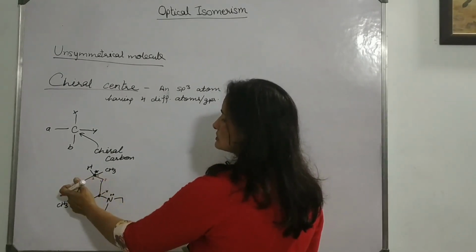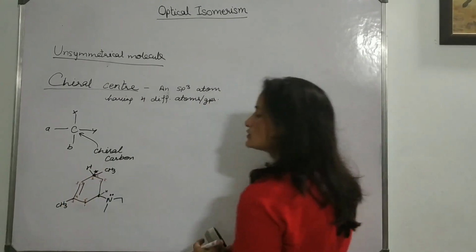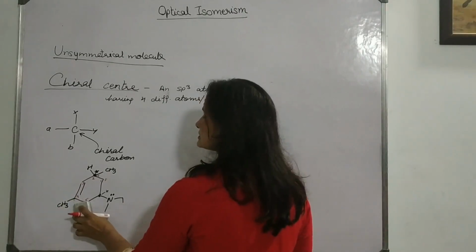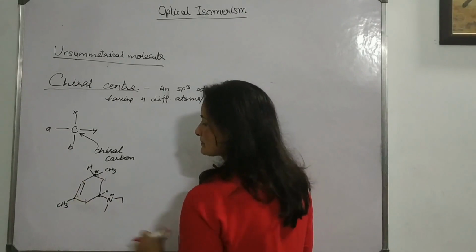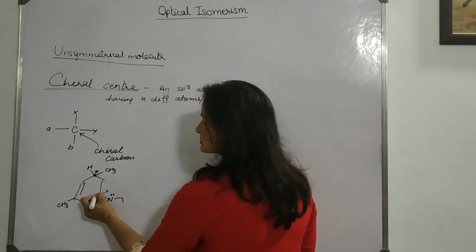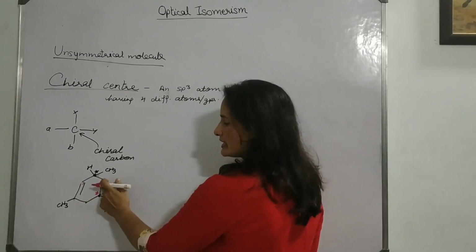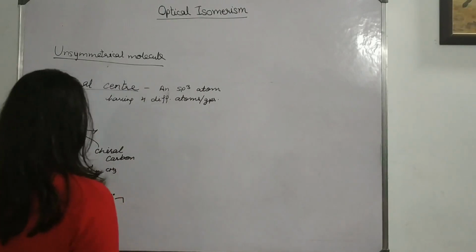This is 1, 2, third carbon, and this is 1, 2, second carbon. So this is unsymmetrical with respect to the double bond. On both sides, the distance is not equal. That's why this carbon is going to be chiral again. So we have got 2 chiral centers, 2 carbons. We must say we have got chiral carbons.